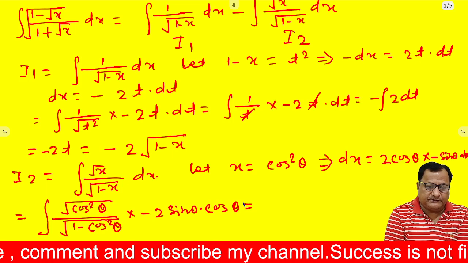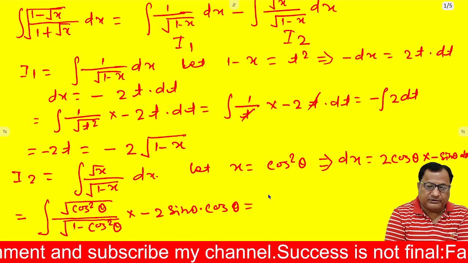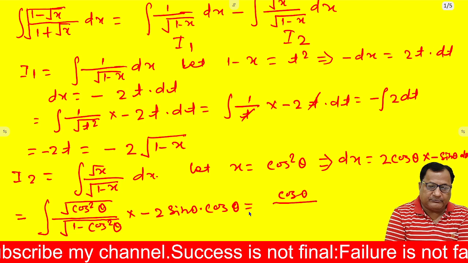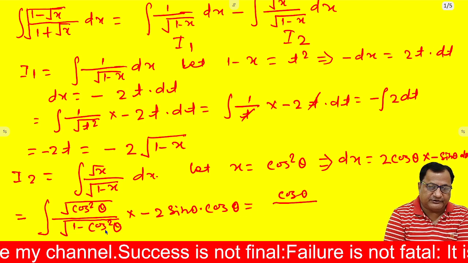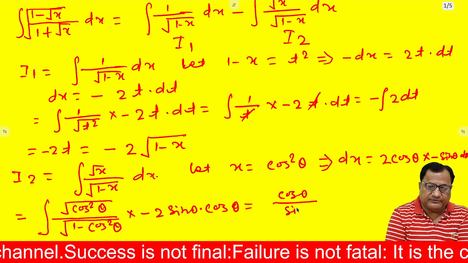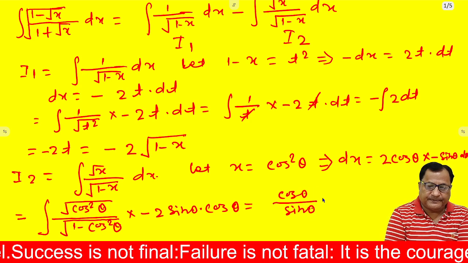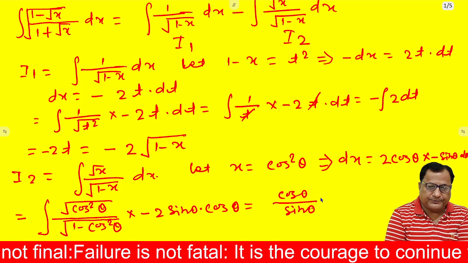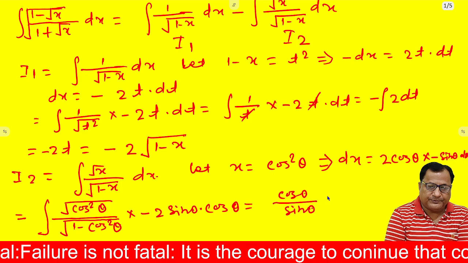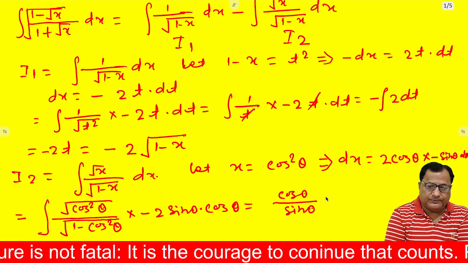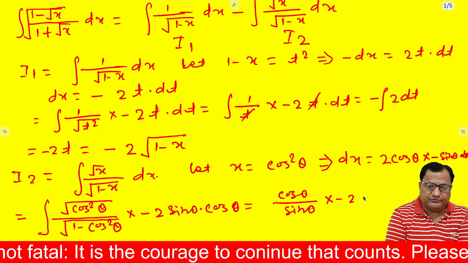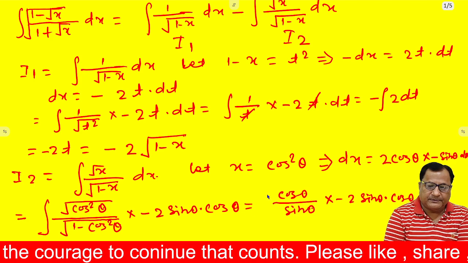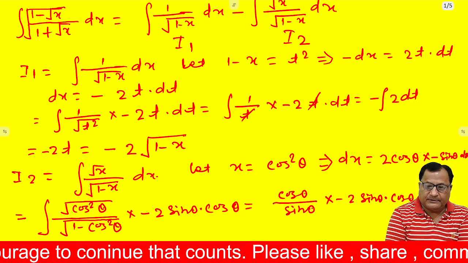So this will be cos theta, and 1 minus cos square theta is sin square theta, which under root will be sin theta, into minus 2 sin theta into cos theta, integration d theta.